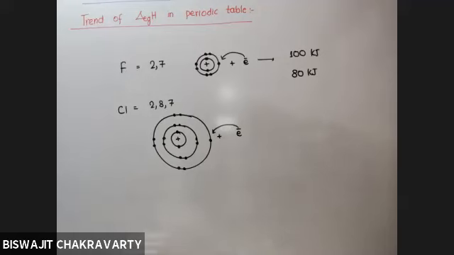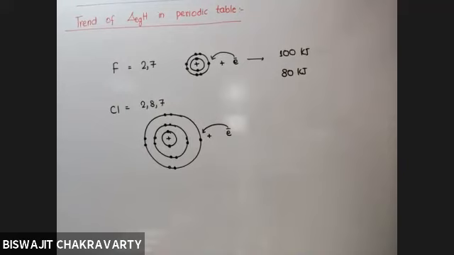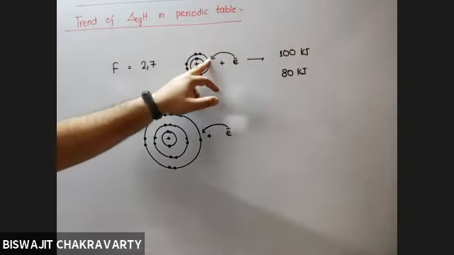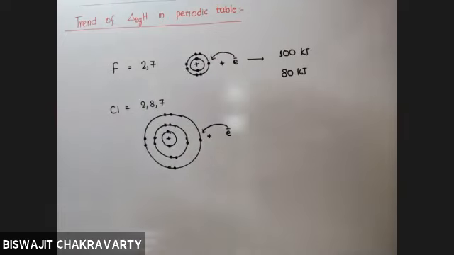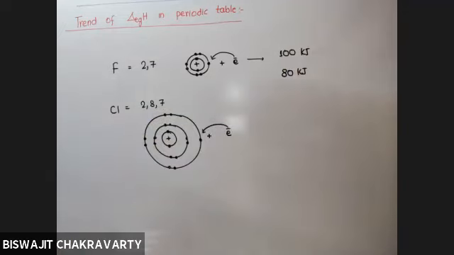Clear or not? Again, I'm explaining. If you have doubt, how much energy was expected to be released when this electron is accepted to the atom? Theoretically how much were we expecting? 100.